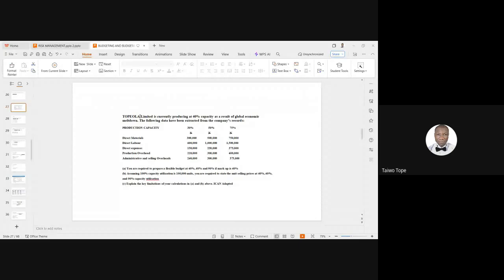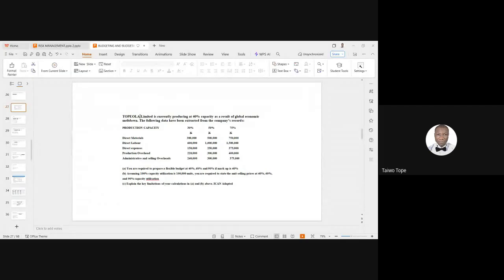So we use the high-low method to get just the total variable cost at 100% activity level.